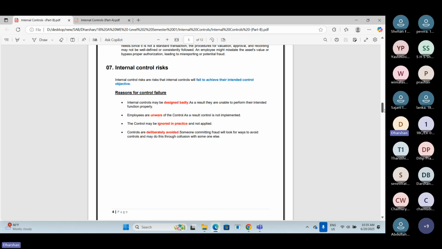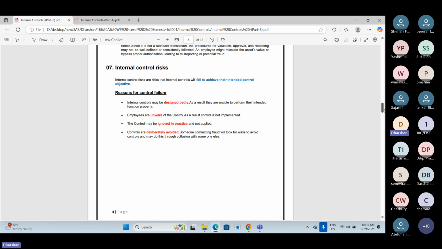In simple terms, barriers and obstacles to achieve the target. You can define risk as barriers and obstacles to achieve something. Because of those barriers and obstacles, if you fail to achieve the target, the reason for failure is the risk.